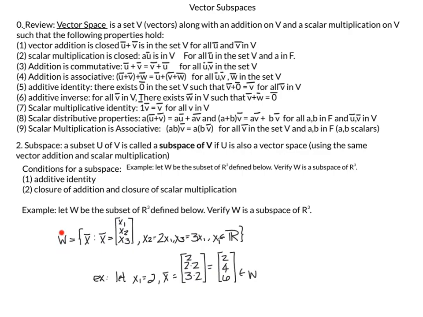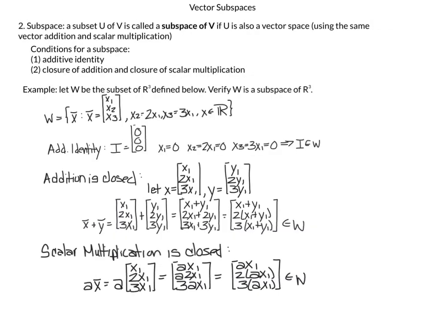A quick example of a vector in W: if we let x1 equal 2, then x2 must be 2 times x1, which is 4, and x3 is 3 times x1, which is 6. So (2, 4, 6) is an example of a vector in W.